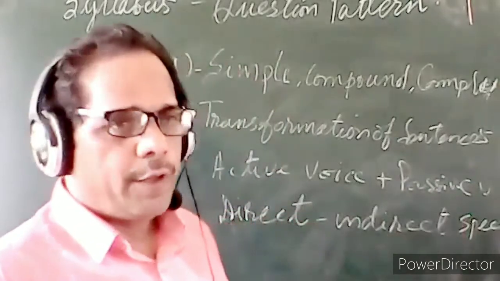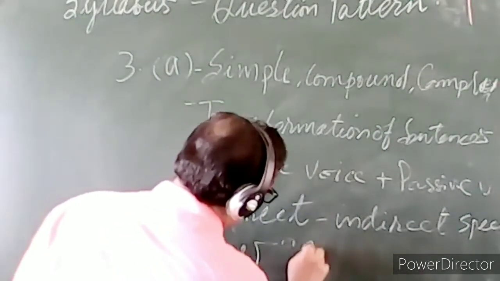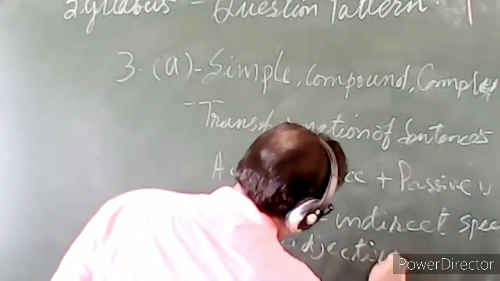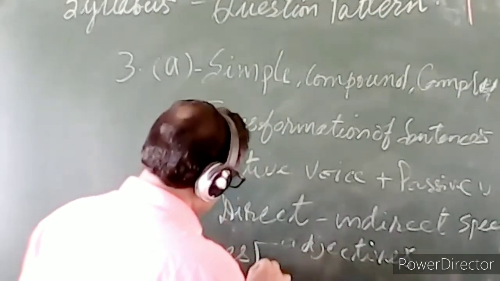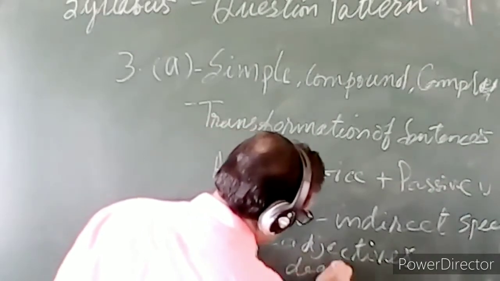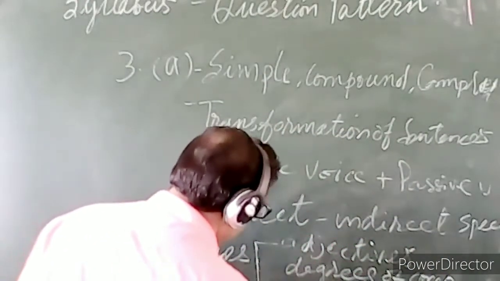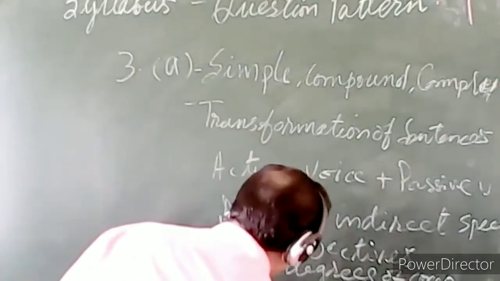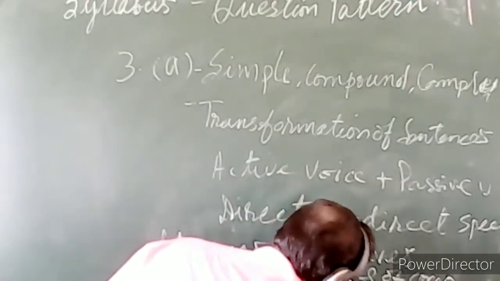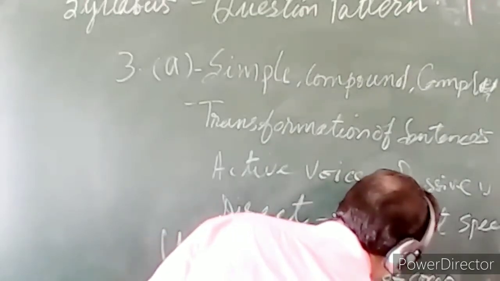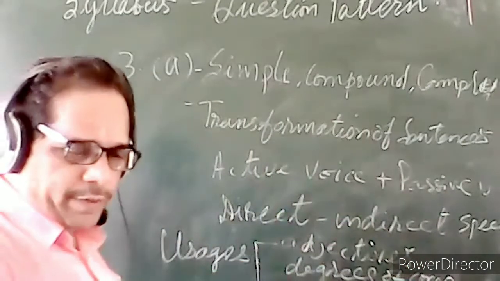Then you have usages, like adjectives, degrees of comparison, then usage of since, for, although, in spite of. Okay, I'll explain that to you; you may not be able to see it on the board, doesn't matter.